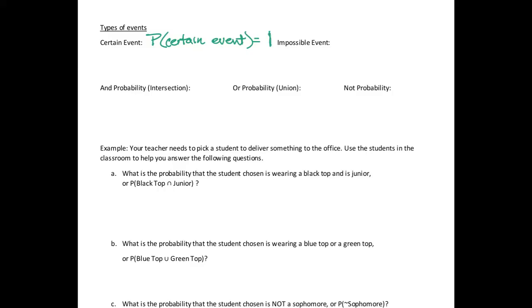If we absolutely know it's going to happen, it's going to be 1. 100%. The probability of my teaching today is 1. So what does that mean? That means a certain event, it is a sure thing. It is going to happen.